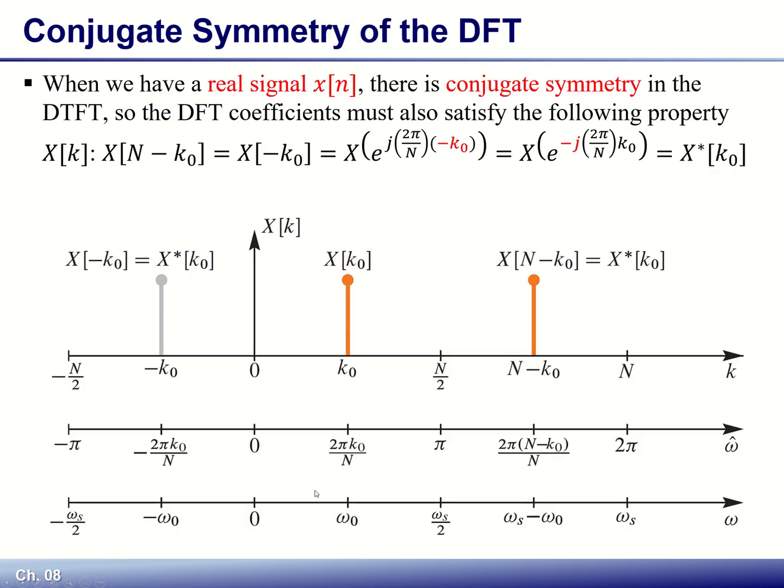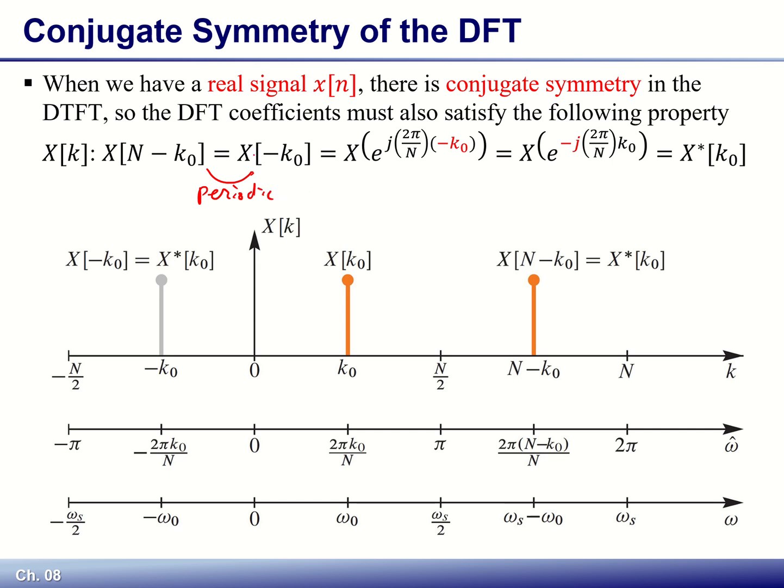When we have a real signal, then there is conjugate symmetry in the DTFT. So, similar to the DTFT, the DFT coefficients must also satisfy the following property. Here X[N minus k0] means X[minus k0] by the periodic property.